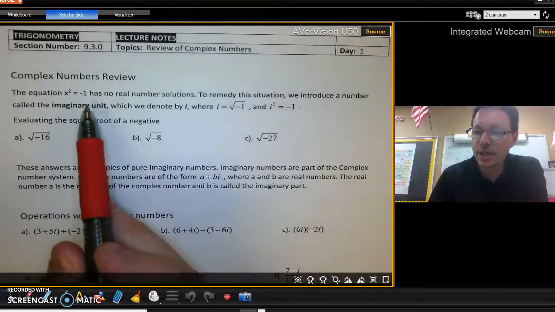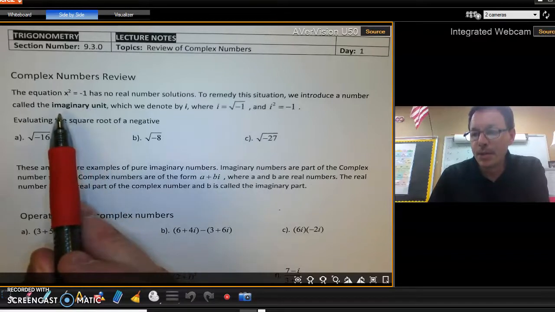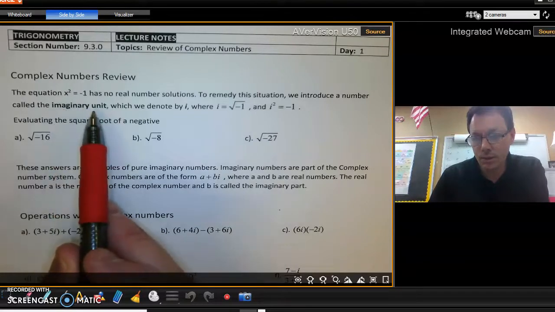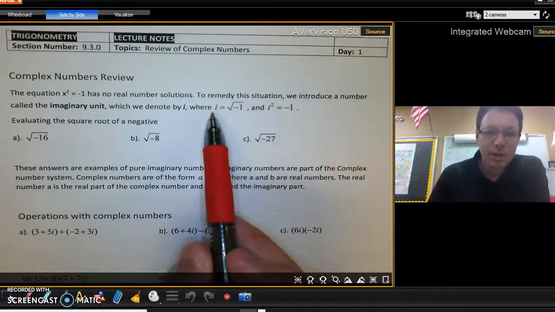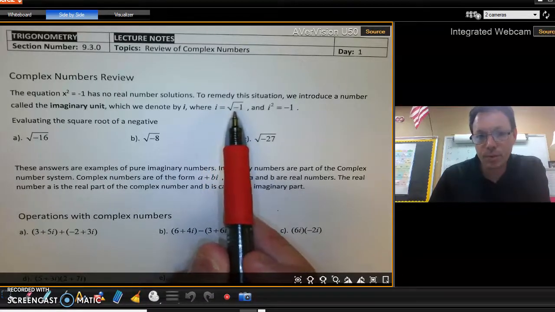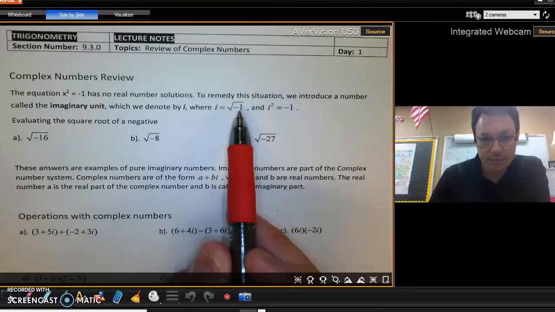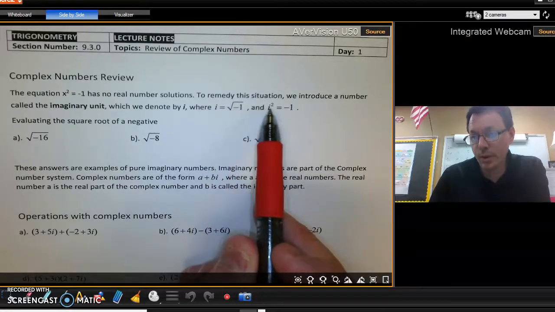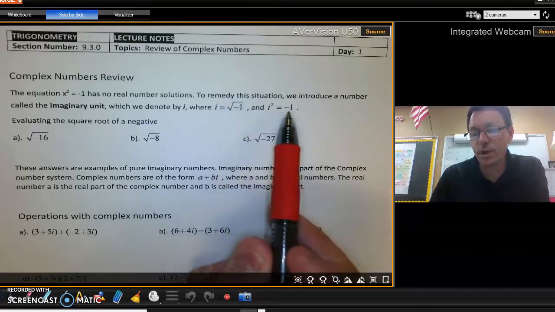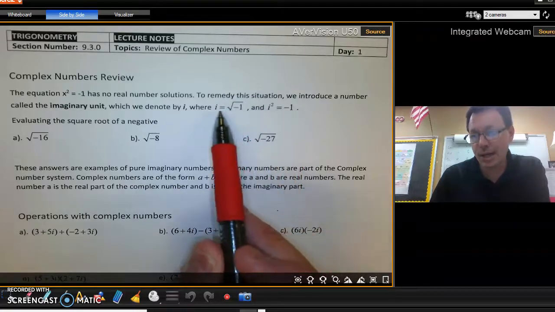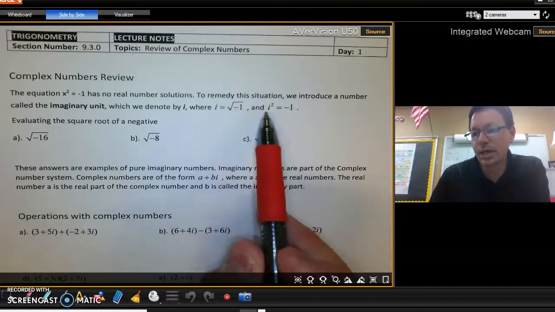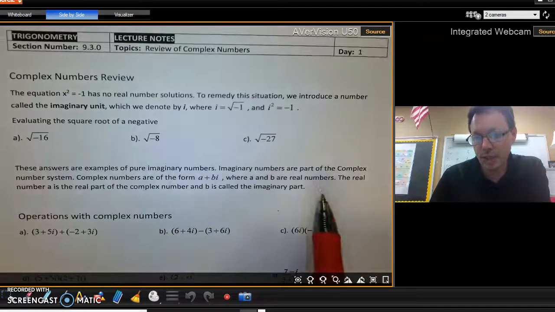So they introduce an imaginary unit, which we use the letter i for, and we say that i is equal to the square root of -1, which would mean that i squared, if you square this, you get -1 as an answer. So i is the square root of -1, and i squared is equal to -1.